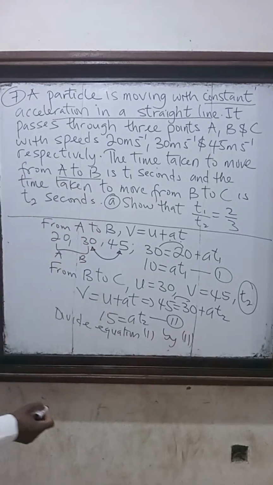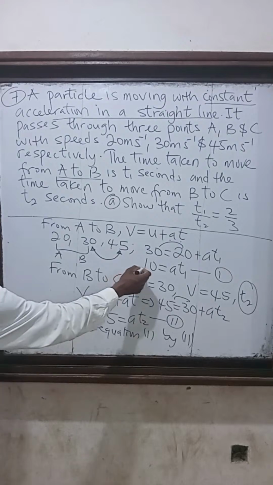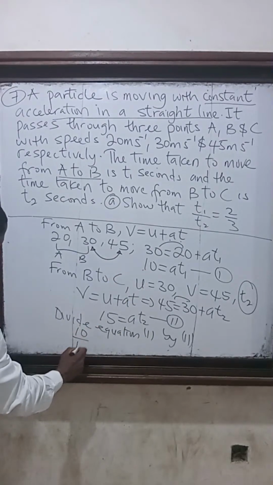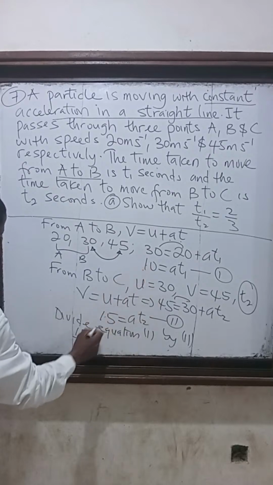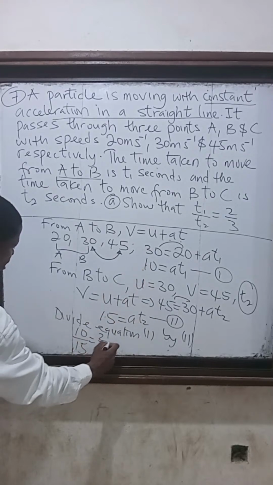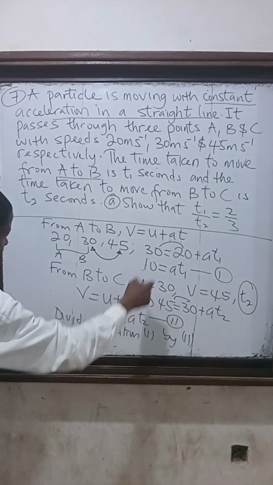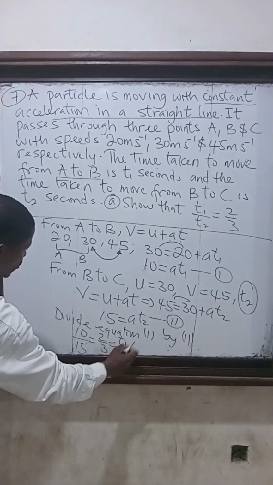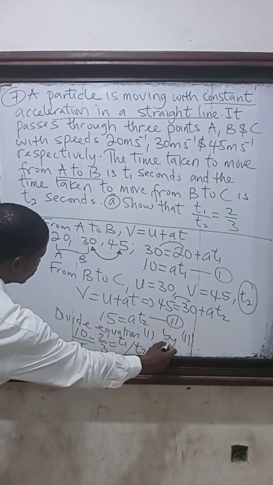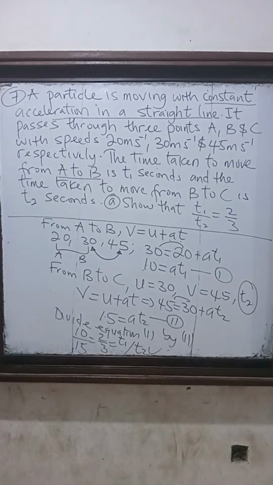If you do that, you're going to have 10 over 15, which is 2 over 3, equal to acceleration, which we cancel, and we have t1 over t2. And that finished the solution for the A part.